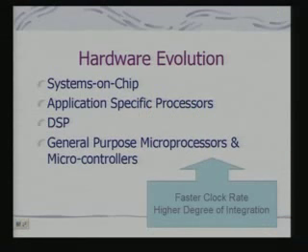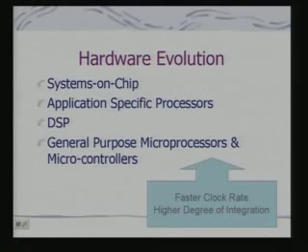Also, you have a higher degree of integration, that means more and more devices and peripherals have been integrated into the chip. And what is the advantage of general purpose microprocessors and microcontrollers? You can get them off the shelf, and using them you can develop a system. So, NRE cost towards development of the processor is minimized when you are using general purpose microprocessors and microcontrollers for implementing an embedded system.